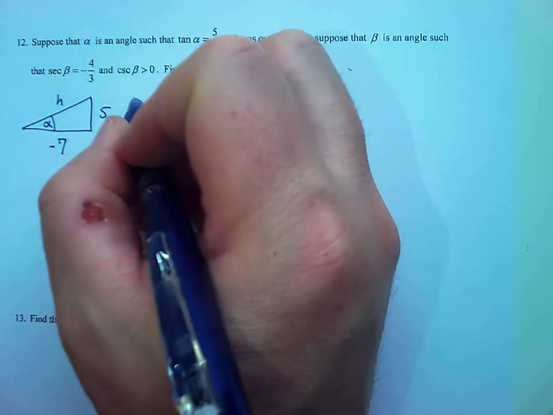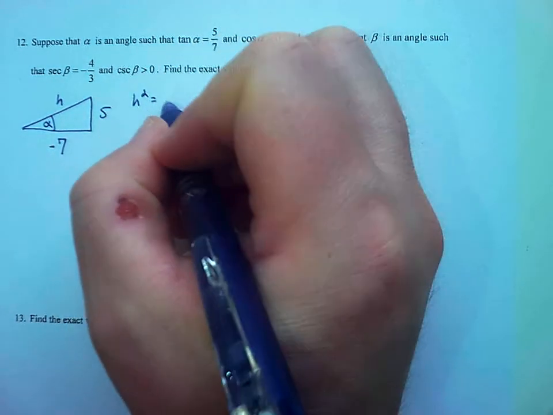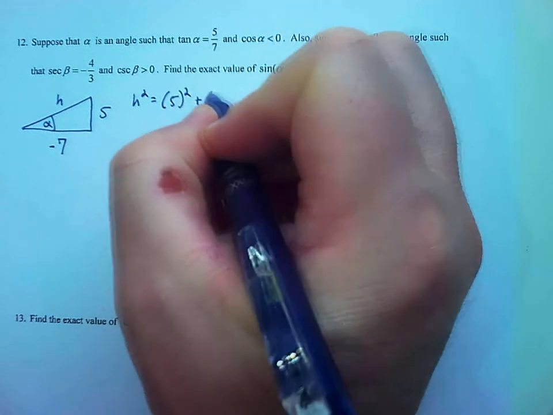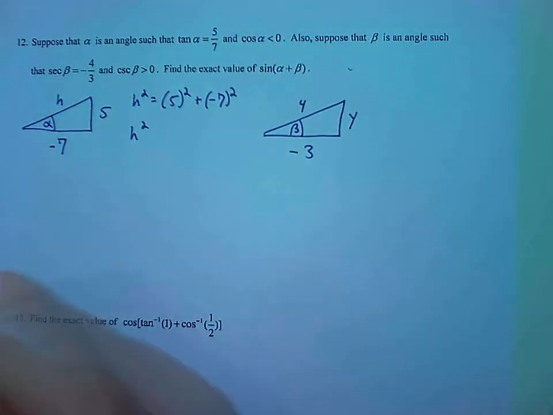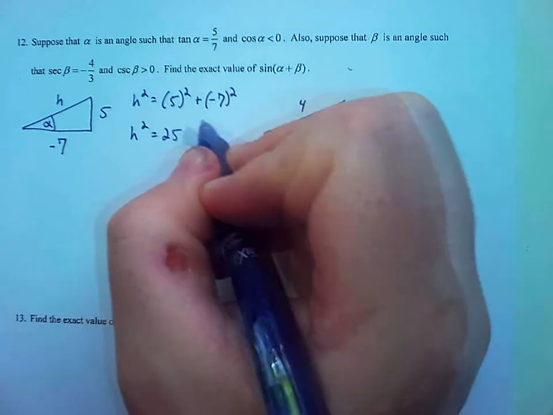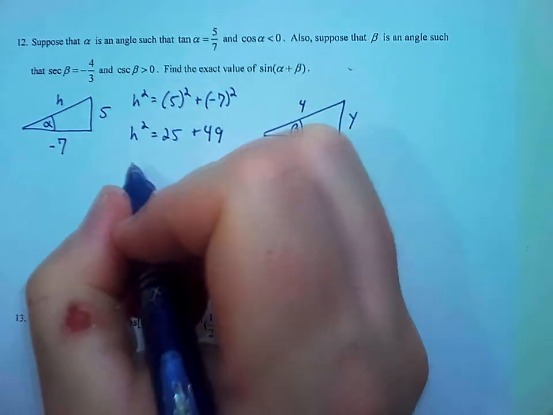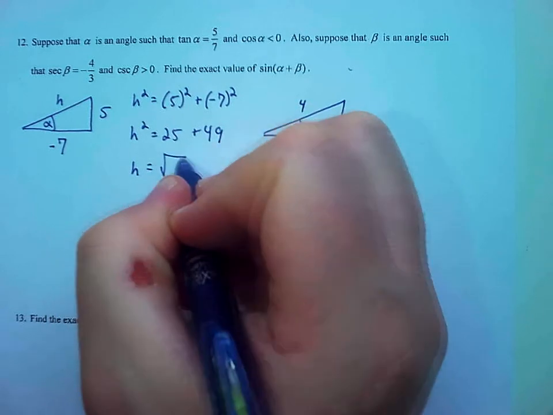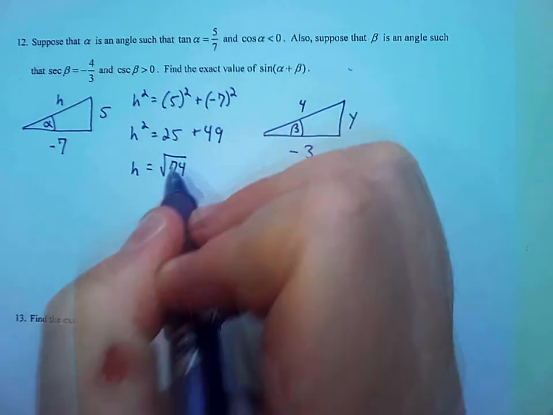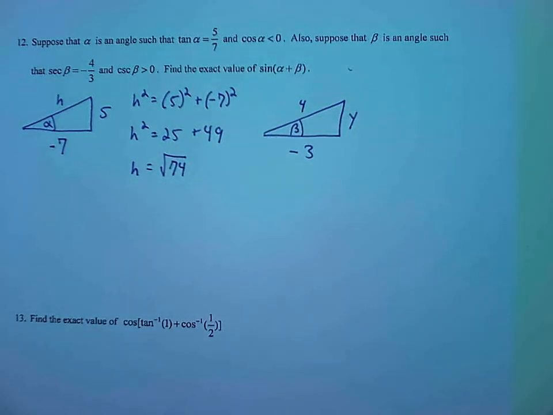So h squared is going to be equal to 5 squared plus negative 7 squared. So h squared is going to be equal to 25 plus 49, which is equal to 74. So therefore h is going to be equal to the square root of 74.